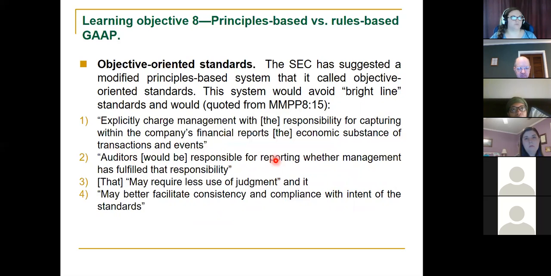Auditors would be responsible for reporting whether management had fulfilled that responsibility. That may require less use of judgment, and it may better facilitate consistency and compliance with the intent of the standards.